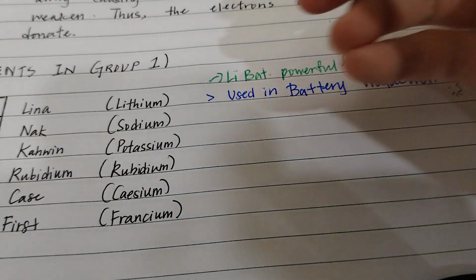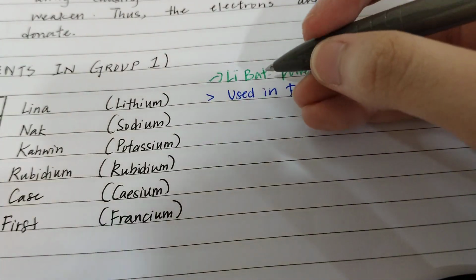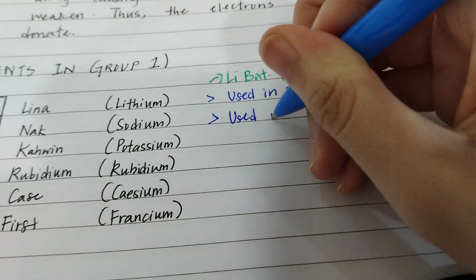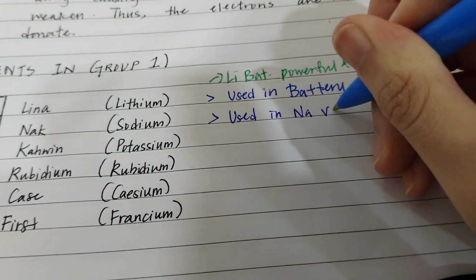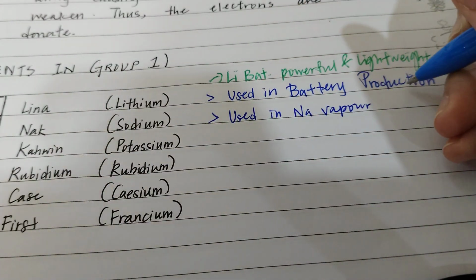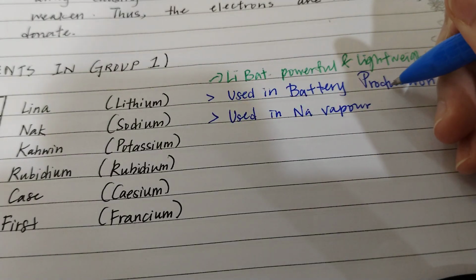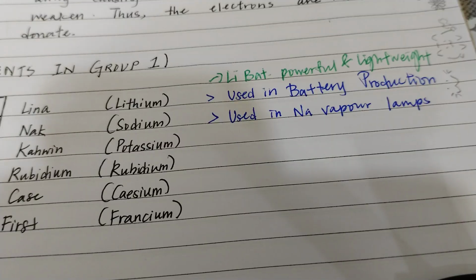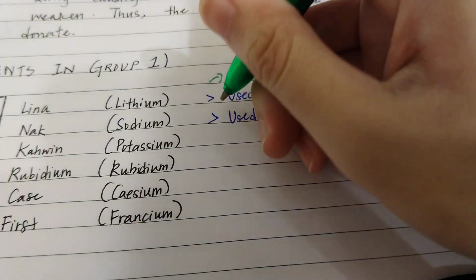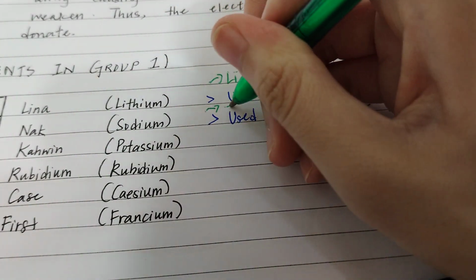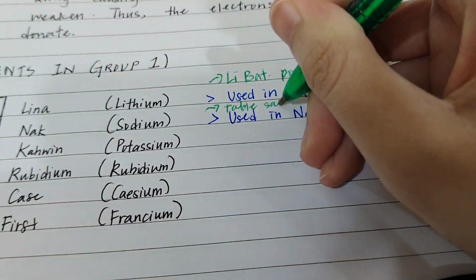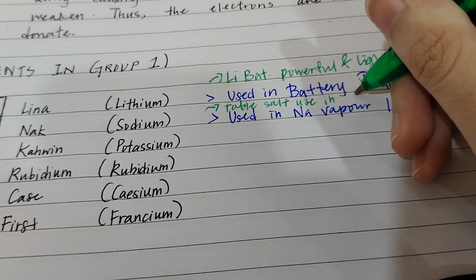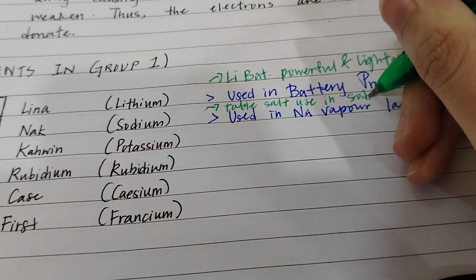Okay, sodium. Sodium can be used in sodium vapor lamps. I'm going to write here, it also has a table salt use in sodium chloride form.